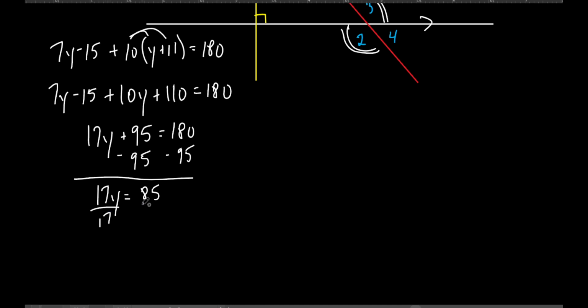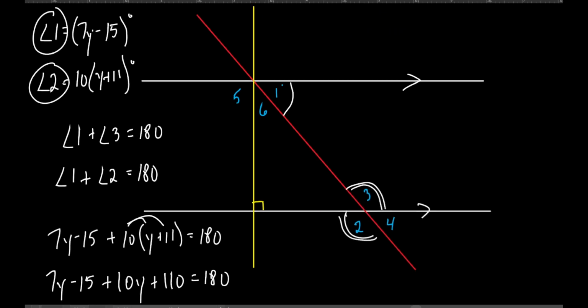Divide by 17. And 85 divided by 17 is 5. Y equals 5. Is that my answer? No, far from it. But it's very important. That's the key. All right, y equals 5.